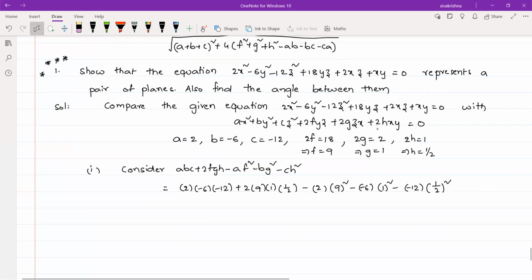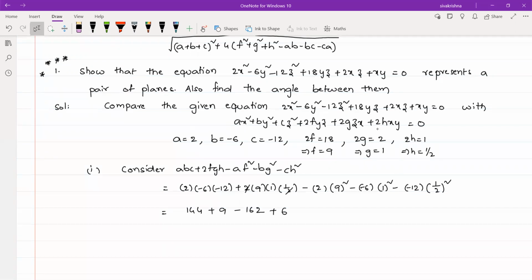0. Now I am checking this. Minus into minus is plus, 2 sixes are 12, 12 twelves are 144. Here 2 into 1/2, the 2 and 1/2 cancel, plus 9 into 1 gives 9. Minus 9 nines are 81, 81 twos are 162, so we get 162. Next, minus into minus is plus, 6 into 1 is 6.